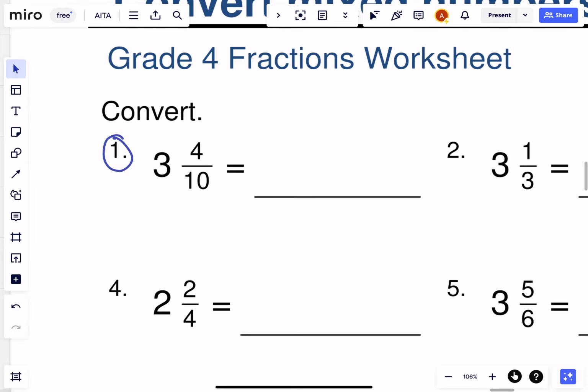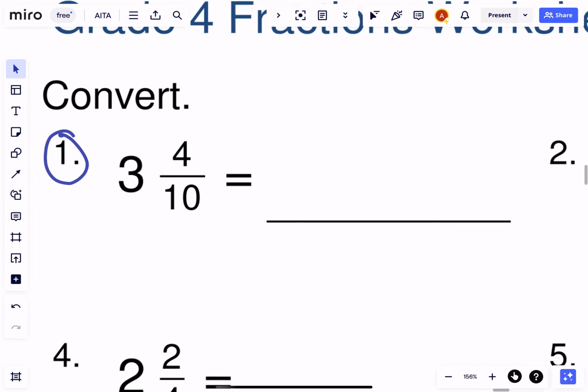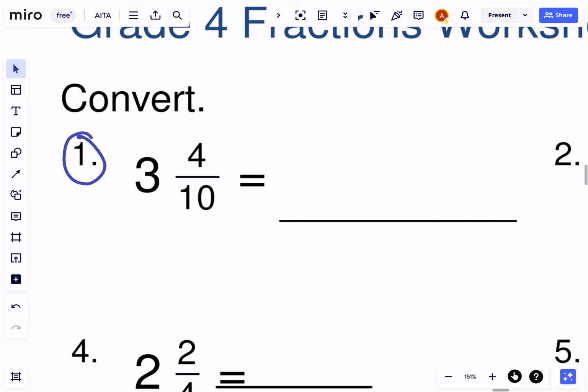Let's see what can be done here. So we have got 3 and 4 upon 10. One question here is, is it a mixed number or an improper fraction?